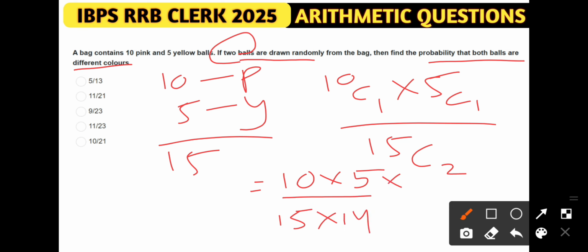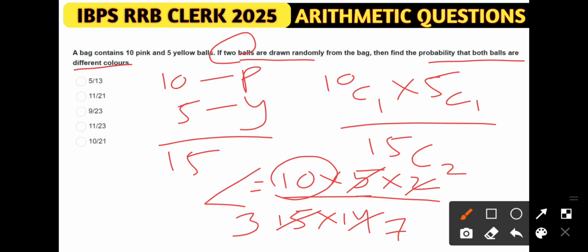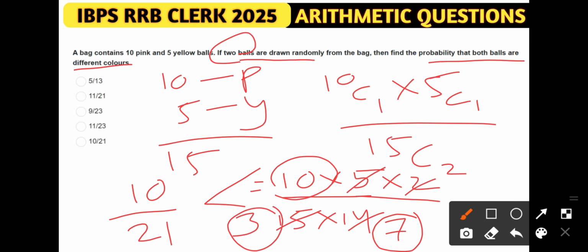So that 2 goes to the numerator. So 5 3s are 15, 2 7s are 14. So what we are left with is 10 divided by 3 into 7, which is 10 by 21, the answer for this question. So option E is the answer.